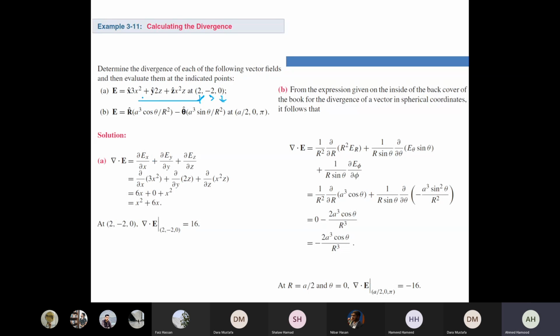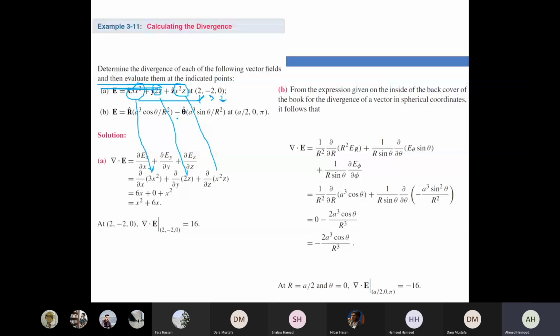So the divergence for number 1, 3x squared, just write it here. Okay, then for y, 2y, just write 2y here. Then for z you have x squared z, so x squared z. Once you do this, very simple, just need to do what?